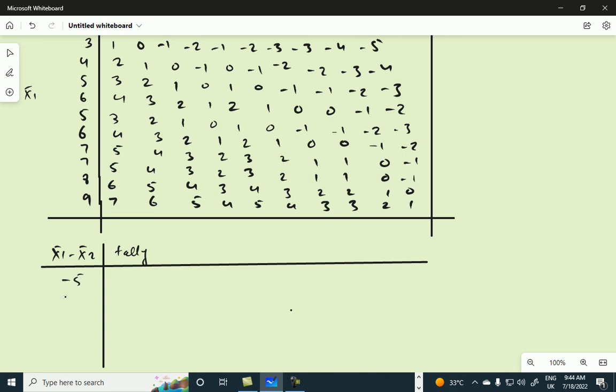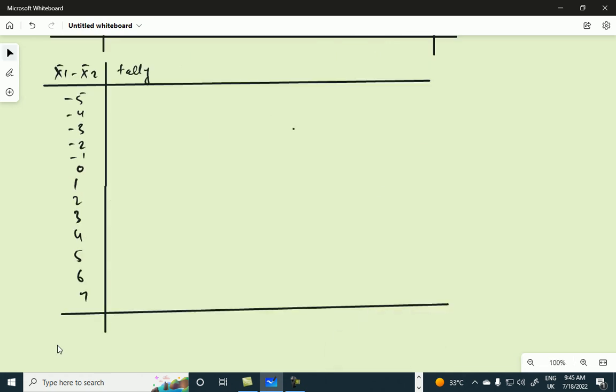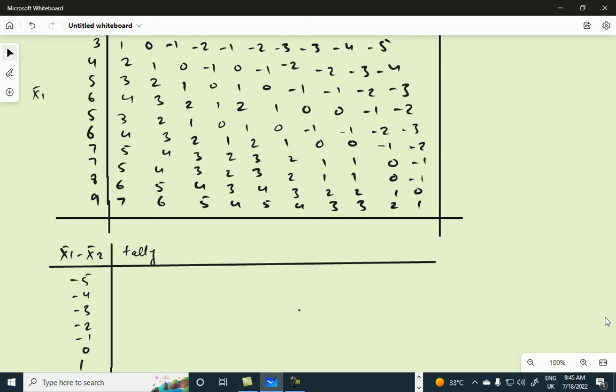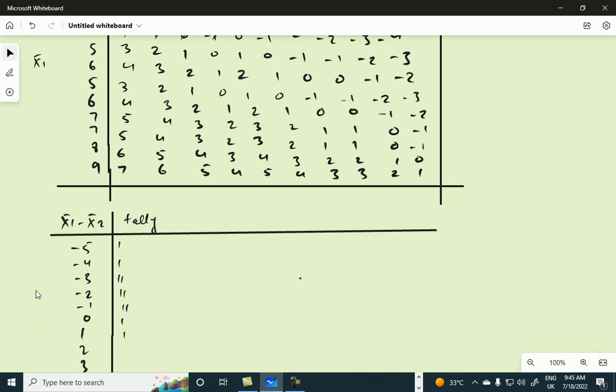So, starting from minus 5, minus 4, minus 3, minus 2, minus 1, 0, and the maximum value in this table is 7. Now, report all the values, that is, the tally of each difference from the table.